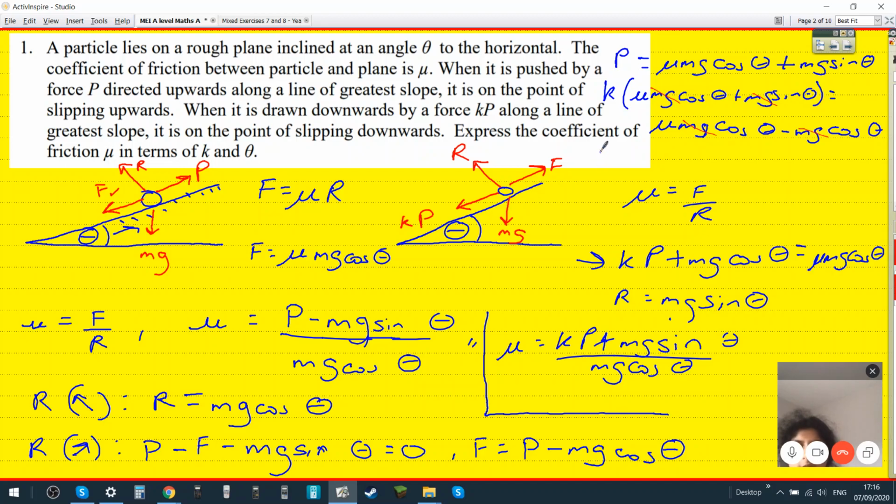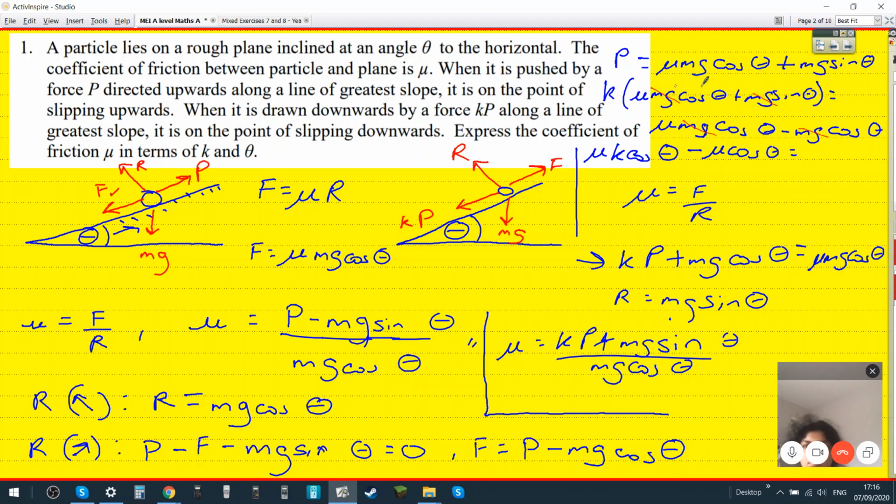Yeah. So mu k cos theta plus k sine theta. I'll bring the other one over. Minus mu cos theta.